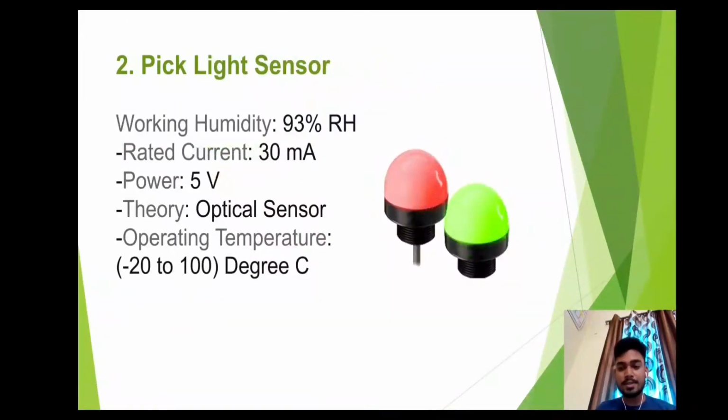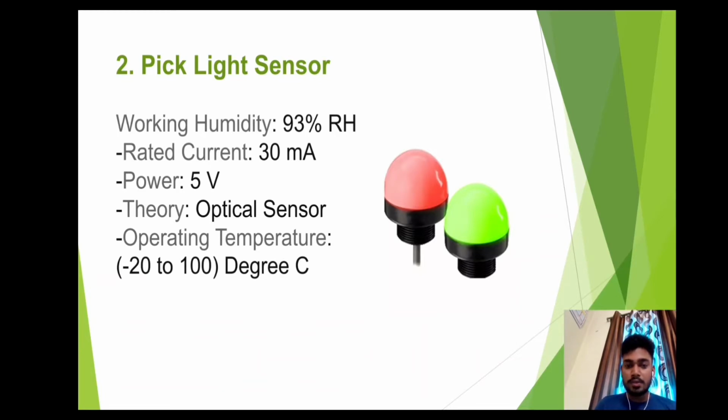The second sensor is the peak light sensor. The peak light sensor looks like an LED bulb, so we can say it is bulb type, and it can work under 93% humidity. The rated current is 30 milliamp flowing through it.